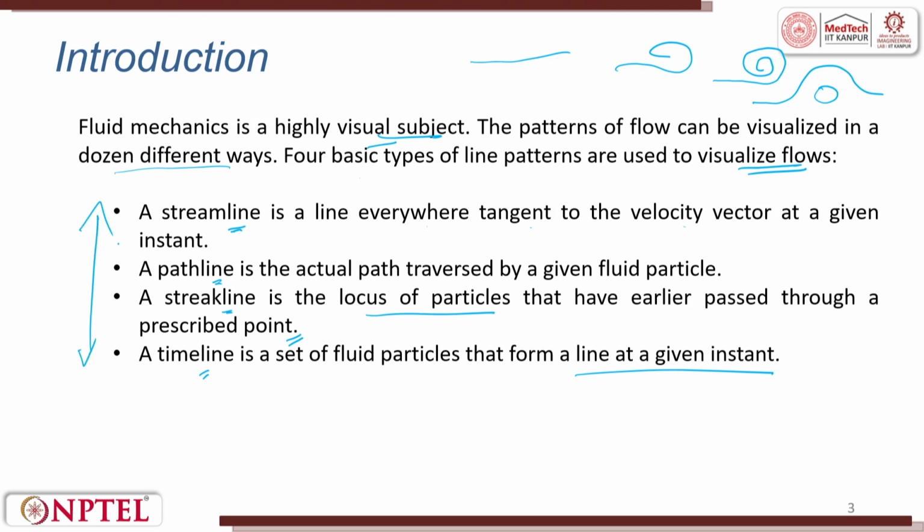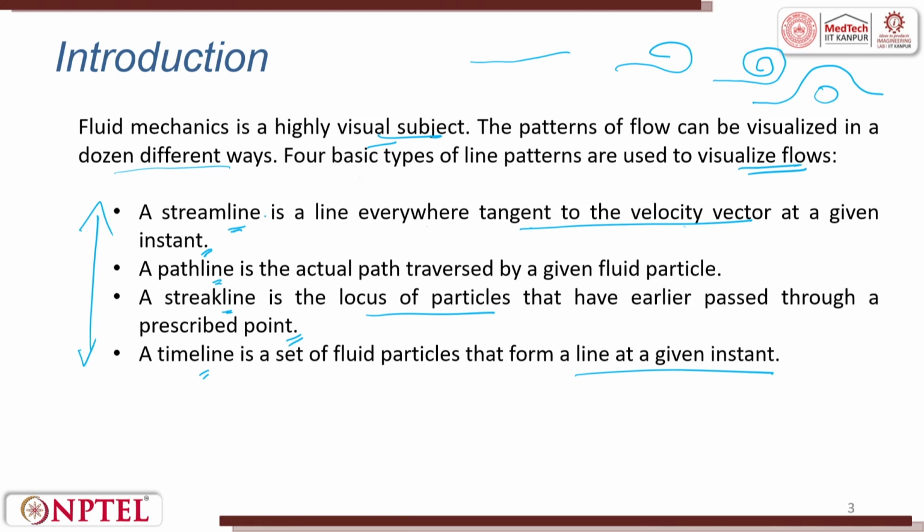A streamline is a line drawn such that its tangent at a given instant is along the velocity vector. And a streak line is a locus of particles that have earlier passed through a prescribed point.